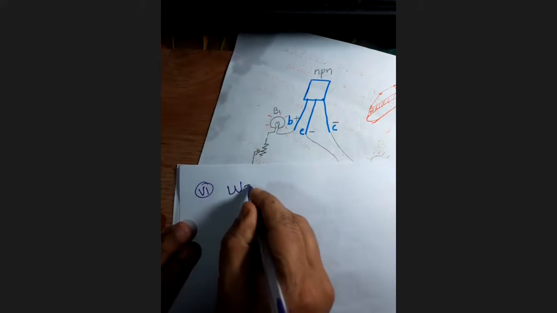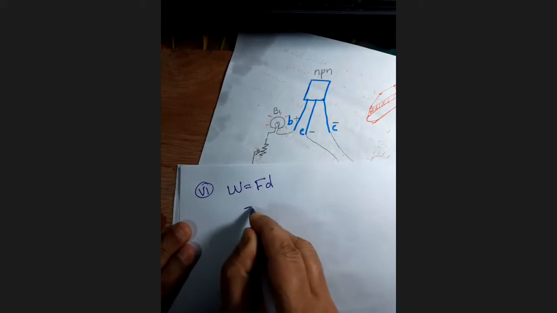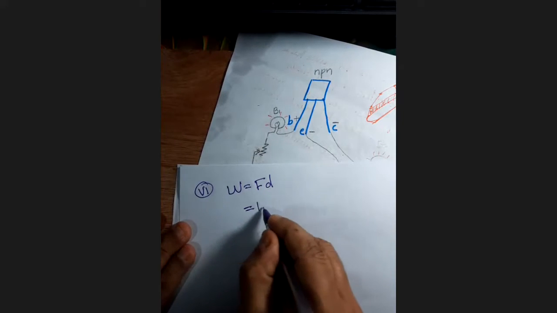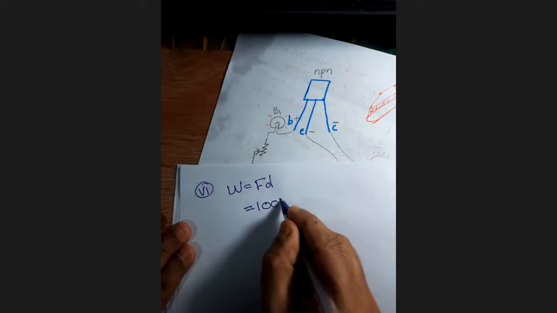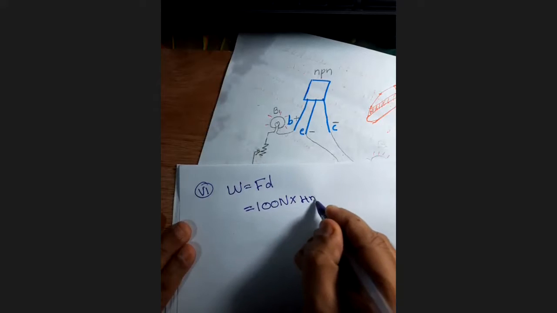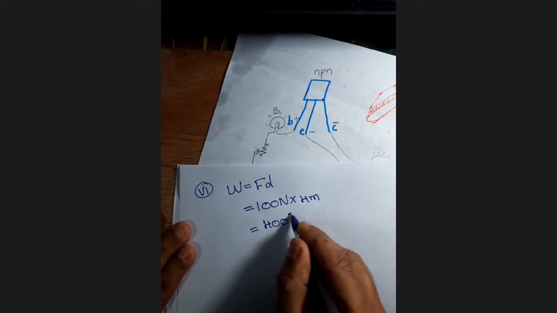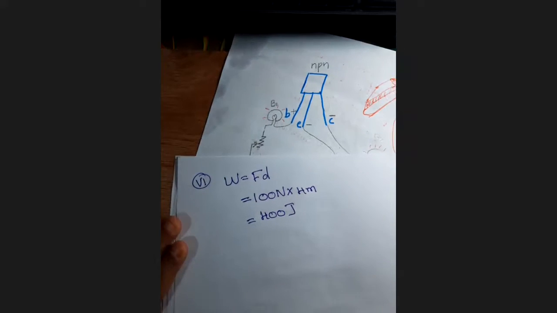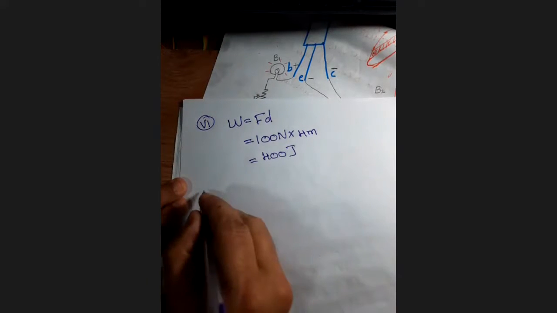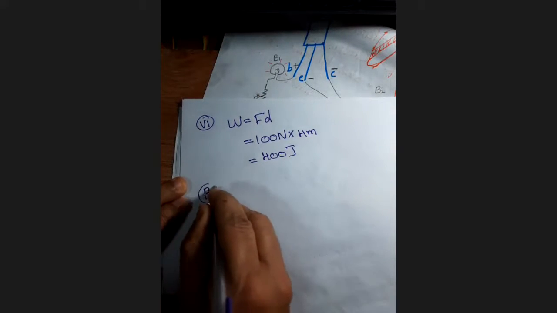Work equals force multiplied by displacement. 100 Newton force applied to a displacement of 4 meters, that is 400 joule.